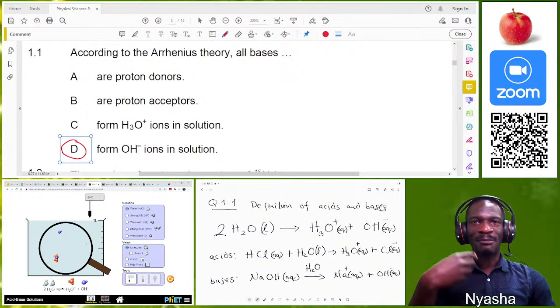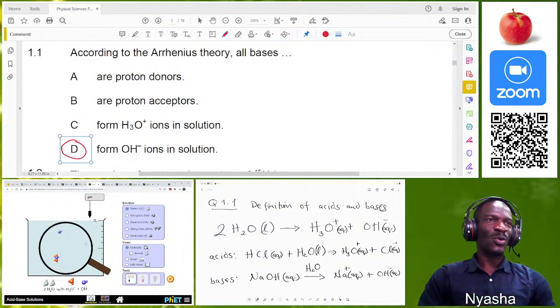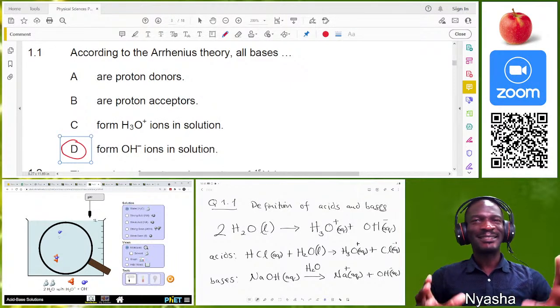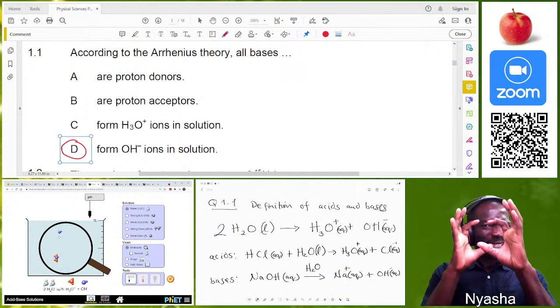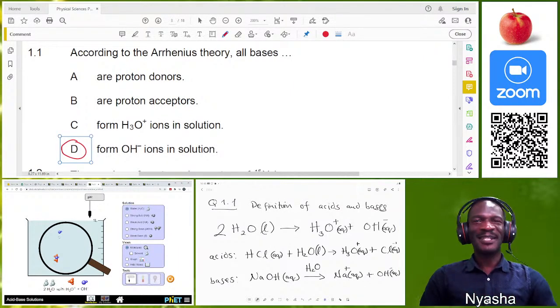The solution is water because I've selected water here. Then you see a magnifying glass, representing a very strong magnifying glass. If we could zoom in until we can see the molecules, this is what we would see.